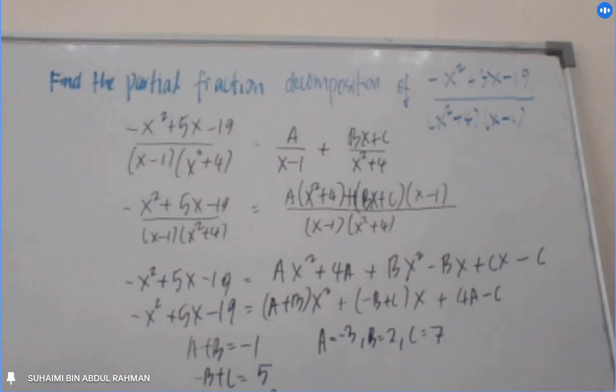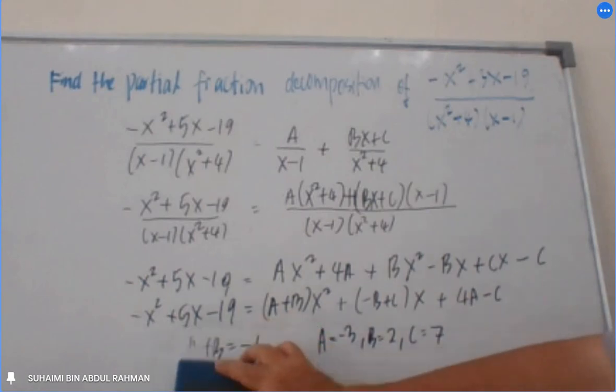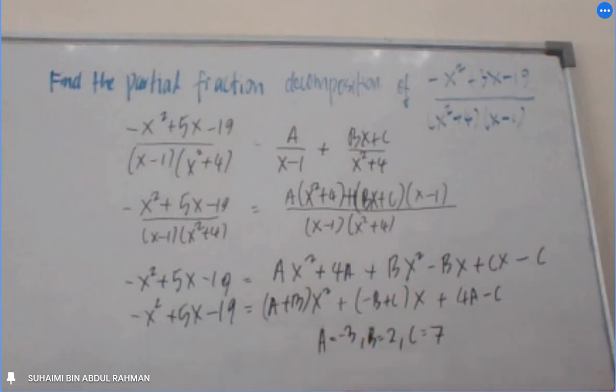We substitute back: (-x² + 5x - 19) over (x - 1)(x² + 4) equals -3 over (x - 1) plus (2x + 7) over (x² + 4).